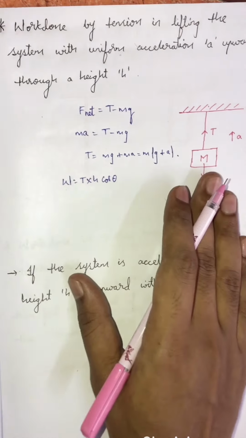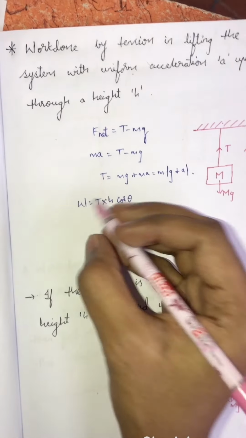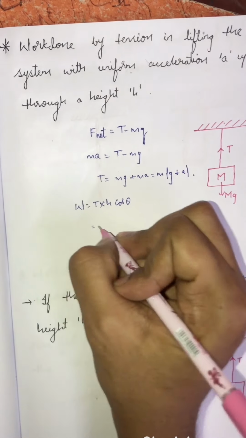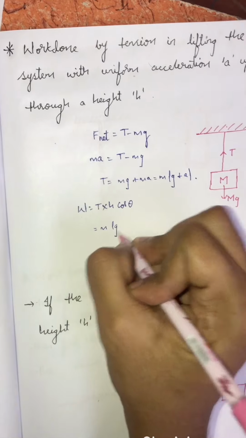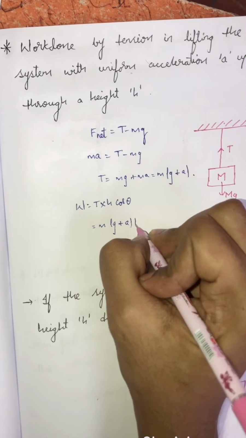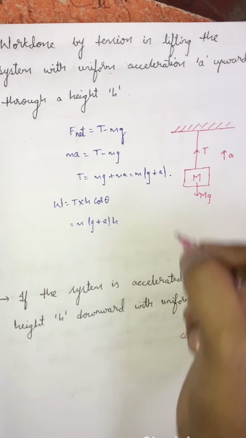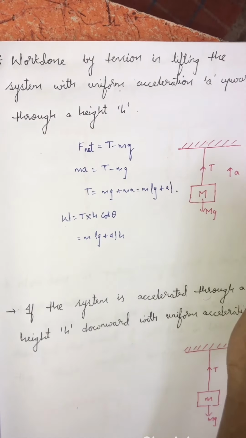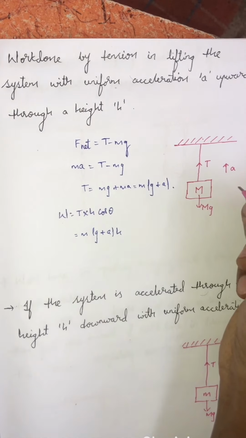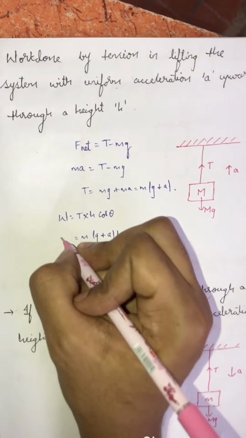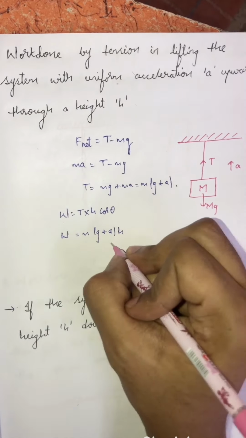Here, T h cos theta, where T is equal to m times (g plus a), into h, where cos 0 is equal to 1, as both the tension and the displacement are in the same direction, so work done will be equal to m times (g plus a) into h.